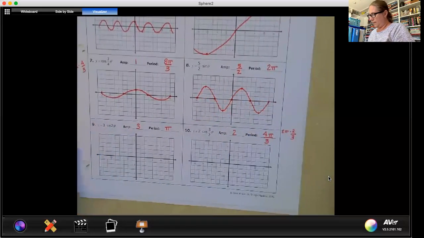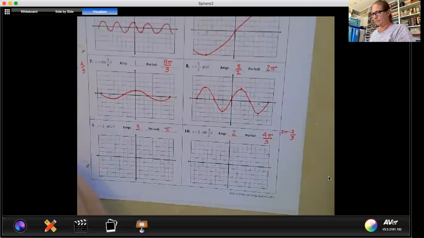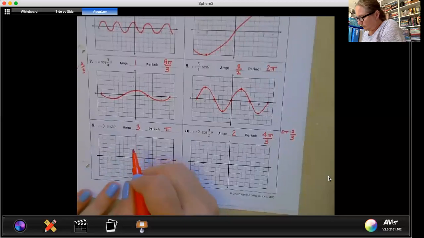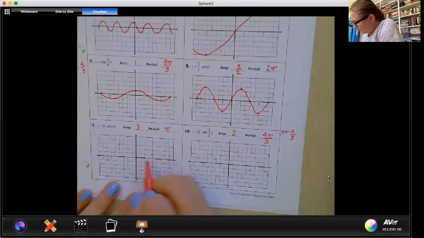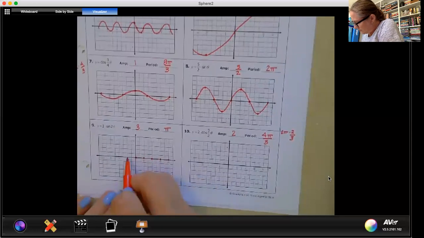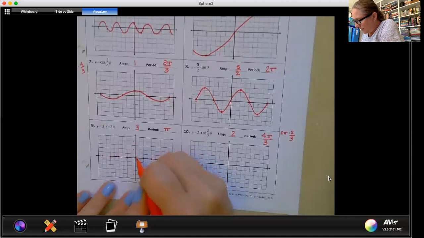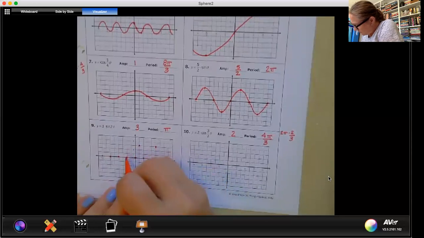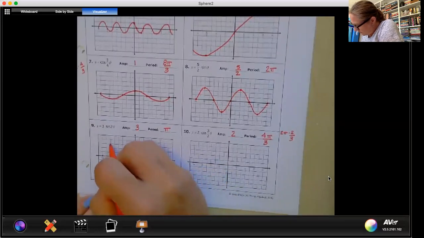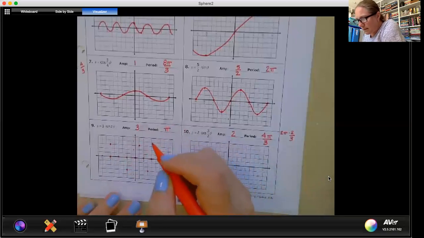And then for number 9, 3 sine 2x. This one is easy for you to plot the x-intercepts. And then you're going to alternate going up and down to 3. I think I messed that one up already.